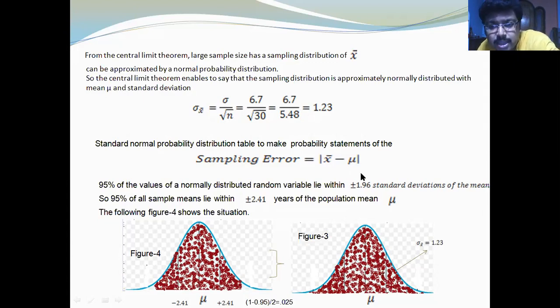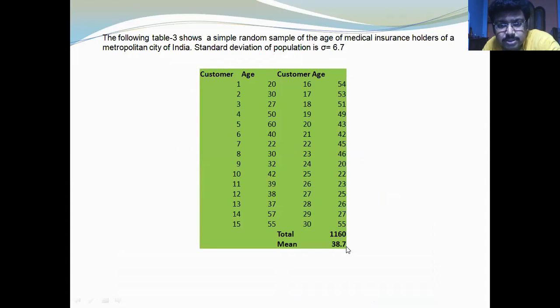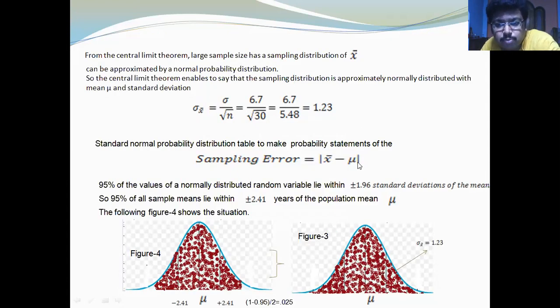So sampling error is there. Look at this. This is the sample mean, the mean of the sample, 38.7. And this is the population mean. So the sampling error is the sample mean minus the population mean.